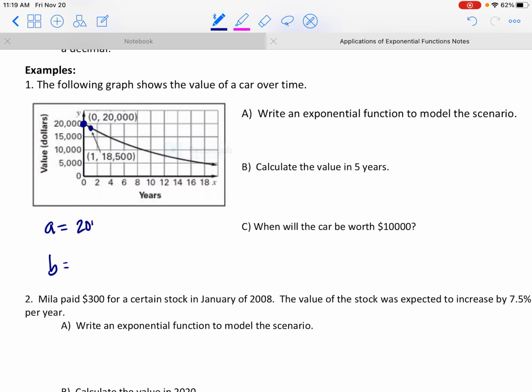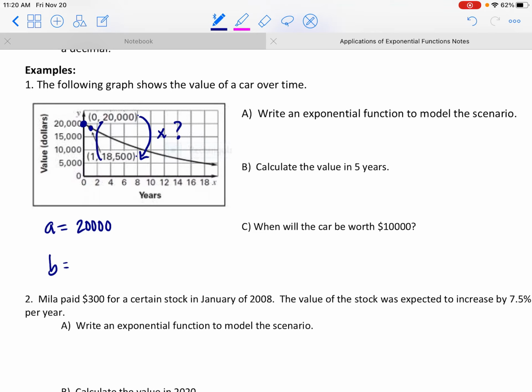That's A. Then B is what am I multiplying by to go from my initial value to the next consecutive value at 1 year. It's kind of hard to see what I am multiplying by to go from 20,000 to 18,500, which is where we would work in reverse.